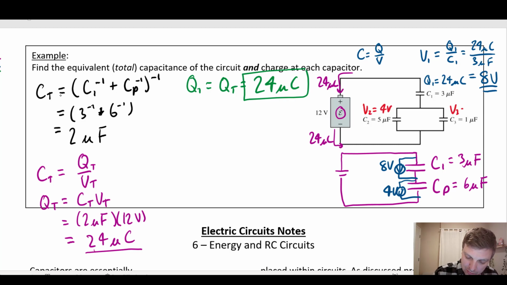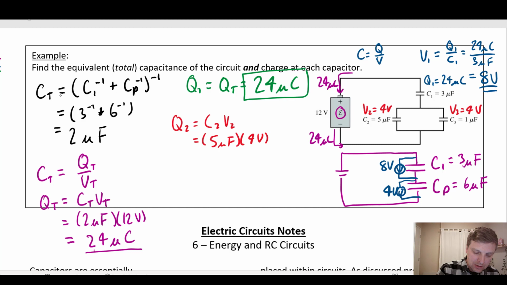So V2 and V3 equal 4 volts, which means I can calculate Q, because Q2 is going to equal C2 V2, which is 5 microfarads times 4 volts, giving me 20 microcoulombs.